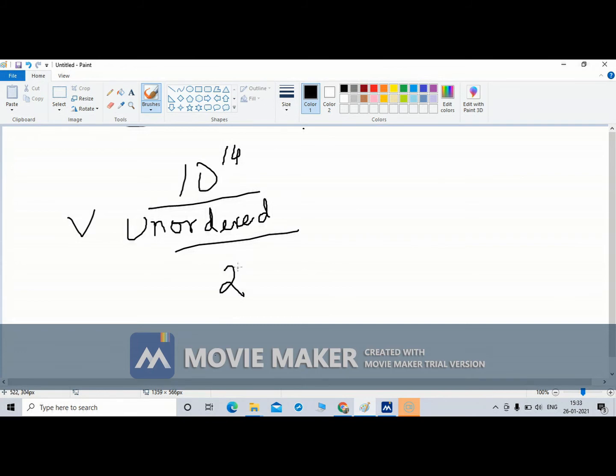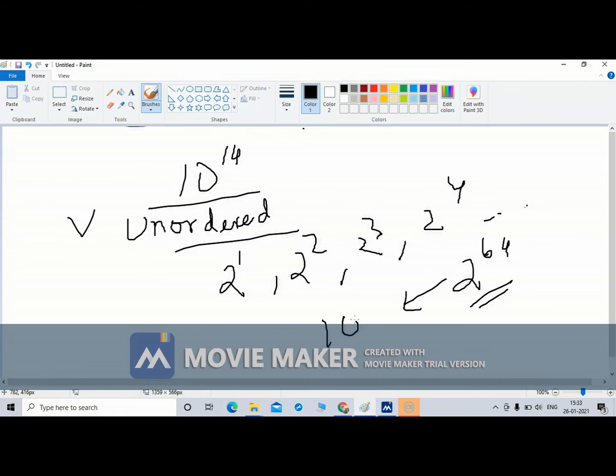That means we save 2 raised to 1, 2 raised to 2, 2 raised to 3, 2 raised to 4, and so on up to 2 raised to 64. That is enough, because 2 raised to 64 is approximately 10 to the power 18.